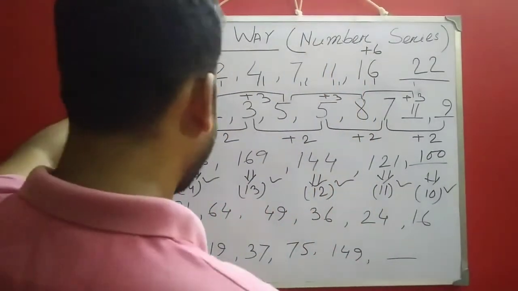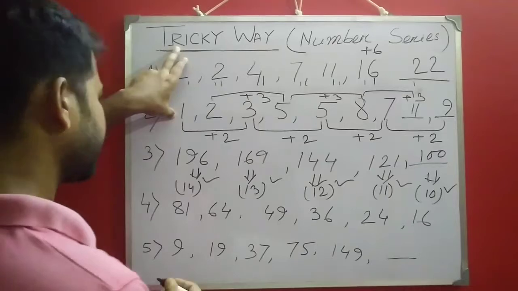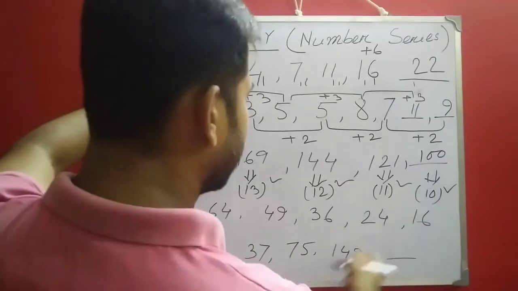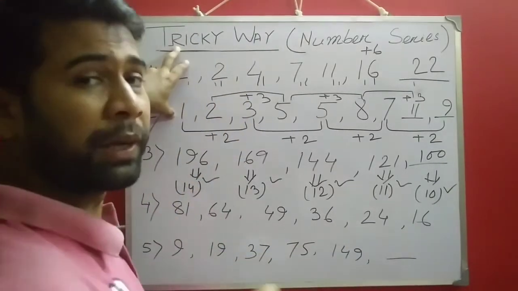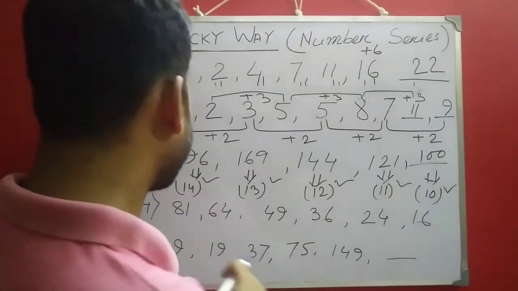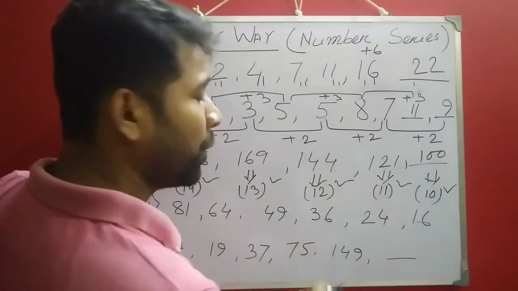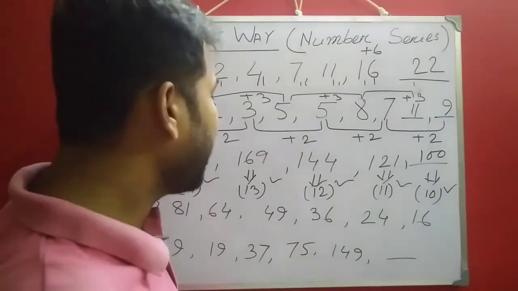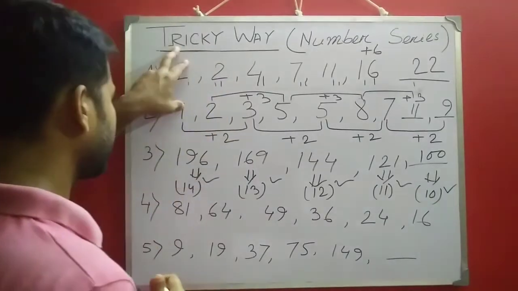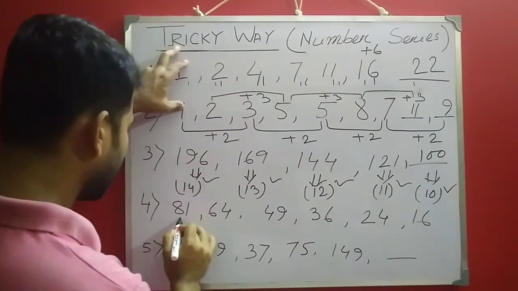And for the next example, it is another type of question. You have to find out the mismatch number. From this list, we have to find out the mismatch value. Okay.